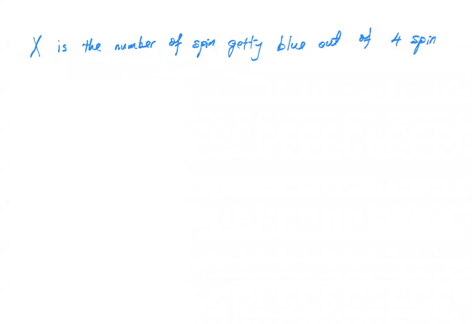Okay, so our variable for this binomial distribution will be x, the number of spins getting blue out of 4 spins. So that is my variable x.